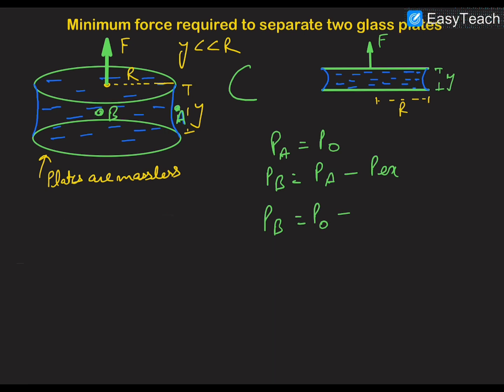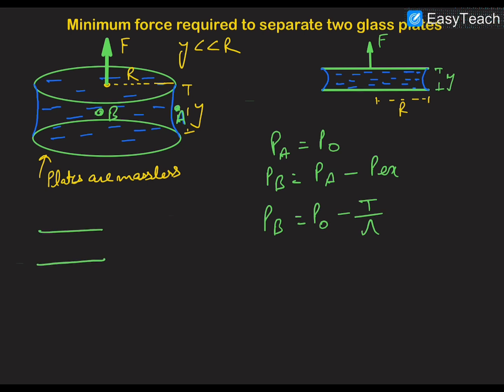And obviously you can see that the cylindrical liquid film has an excess pressure of T by R, where R is the radius of the liquid film.